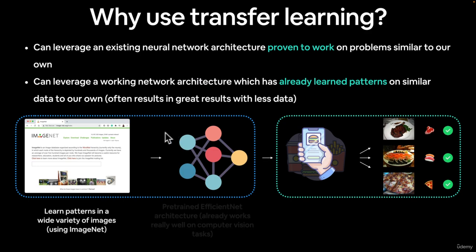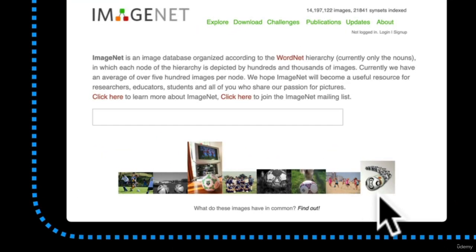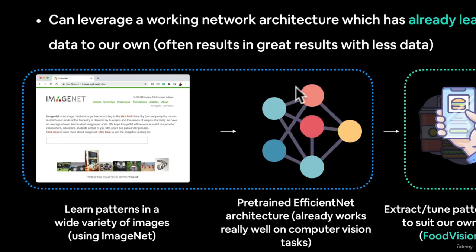And so, here's this in a graphic form. We learn patterns in a wide variety of images. So that gives our model an underlying understanding of the structure of what's generally in an image. So for example, a pre-trained EfficientNet is a computer vision architecture. It already works really well on computer vision tasks.